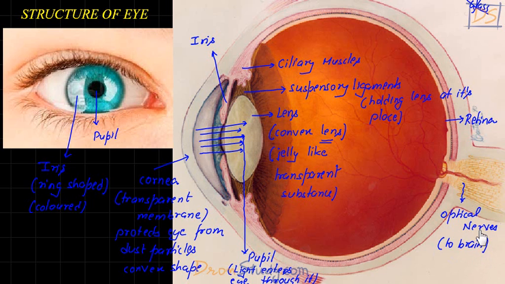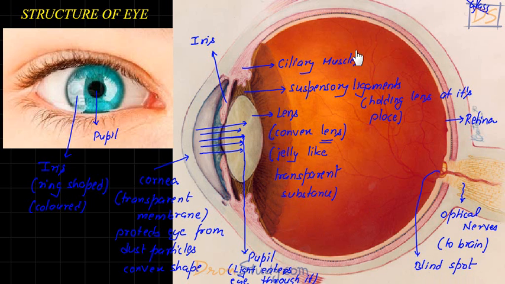What is its role? That also we'll see. Then you can see a point here on the retina, in front of the optical nerve. This is called the blind spot. So these are the major parts of the eye.